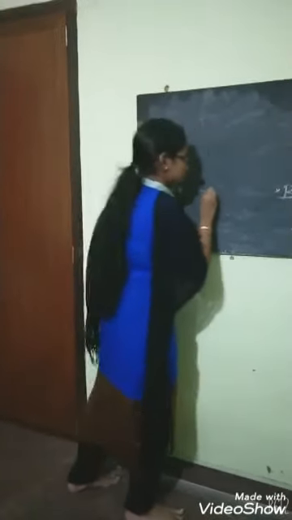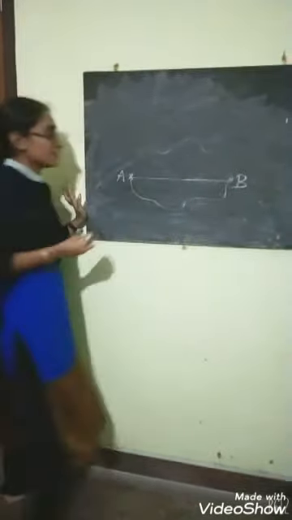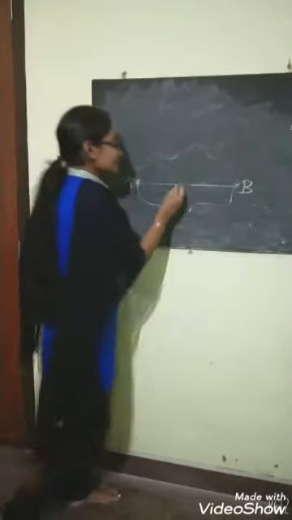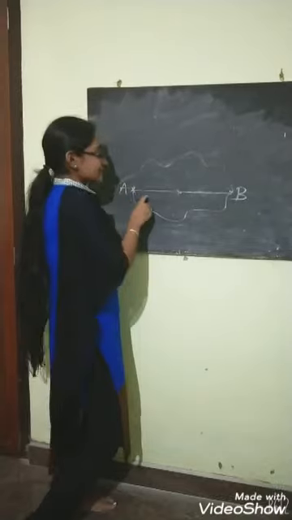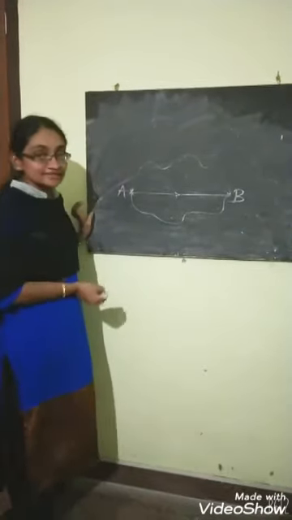I am considering a case, a person is travelling from a point A to B. This person can travel in any path. But if this person travels in this way, you know this is the shortest distance and this shortest distance is the displacement.